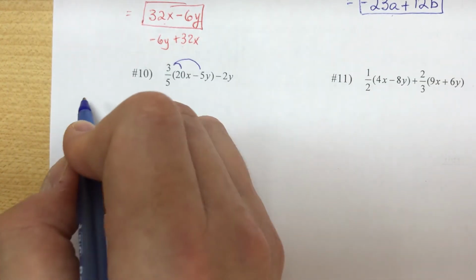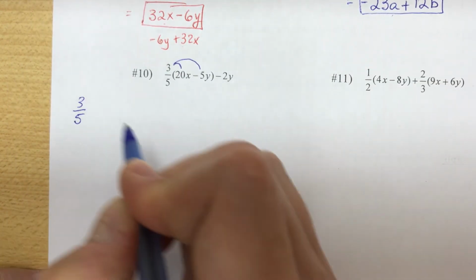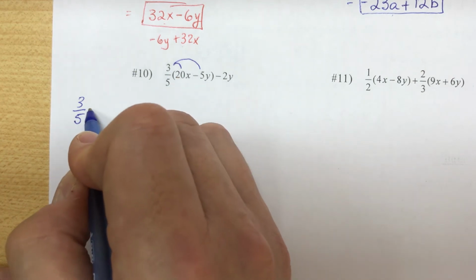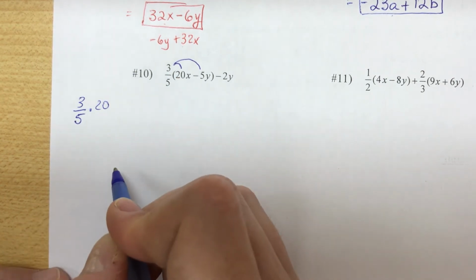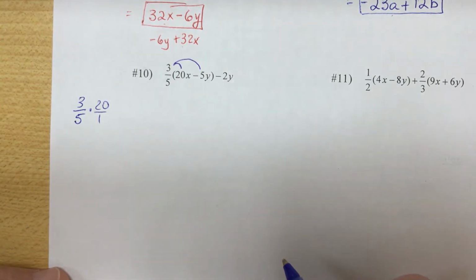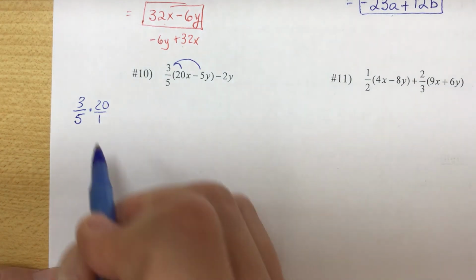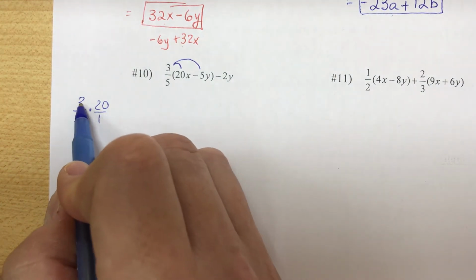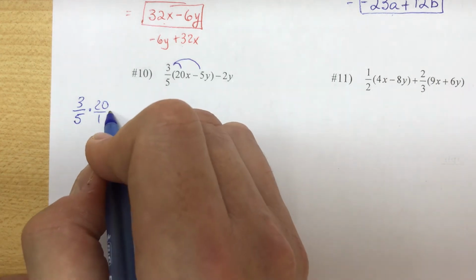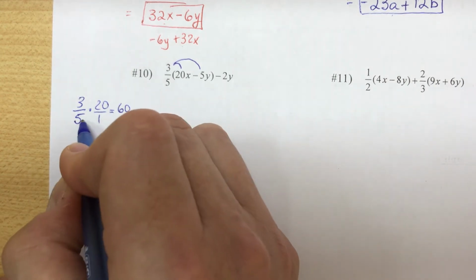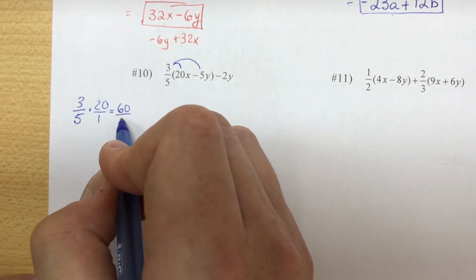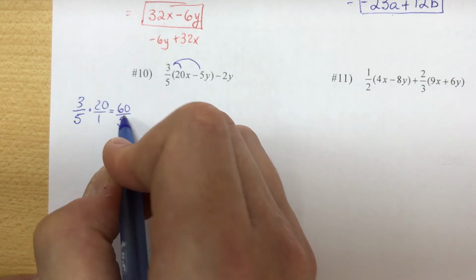Now on the side here as a review, so 3 over 5 times 20, well, that's 20 over 1. I'm going to write that as a fraction. And I can multiply the 3 and the 20 and say that's 60. And then I can multiply the 5 and 1 to say that's 5.